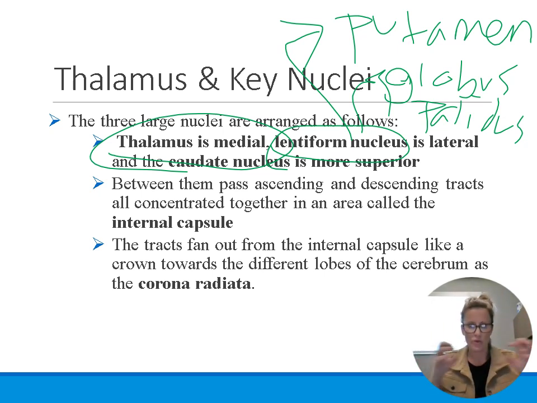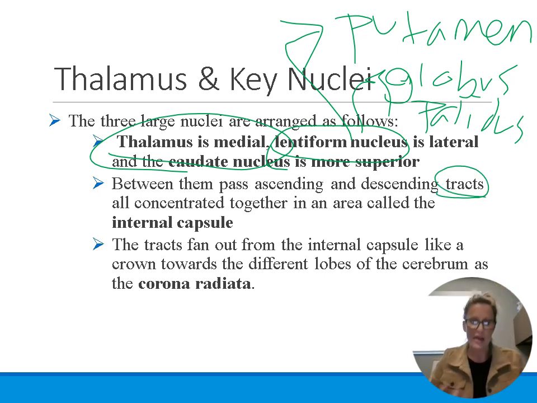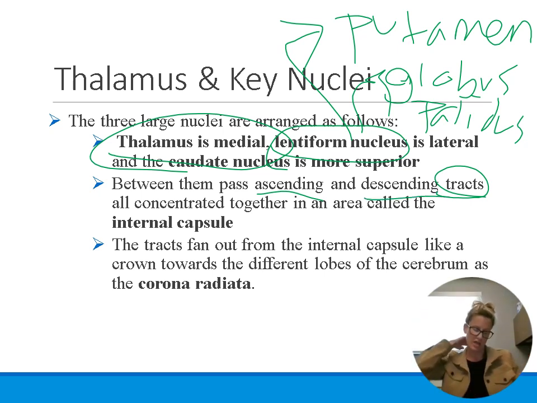Between these nuclei, we'll see that there are a bunch of tracts that pass through. Remember, tracts are white matter. I think of tracts like wires that are carrying electrical signals, so white matter that is just carrying signals up and down. Ascending tracts are carrying signals up to the cerebrum. Descending tracts are carrying signals from the cerebrum downward.